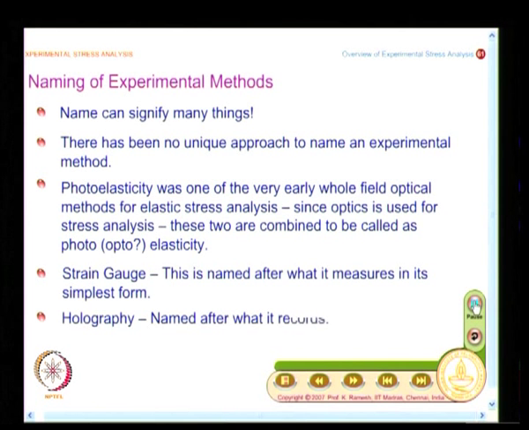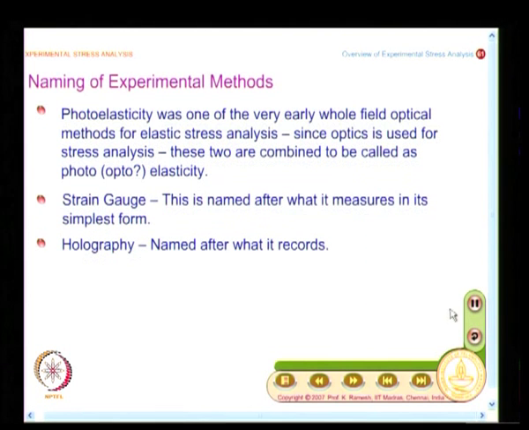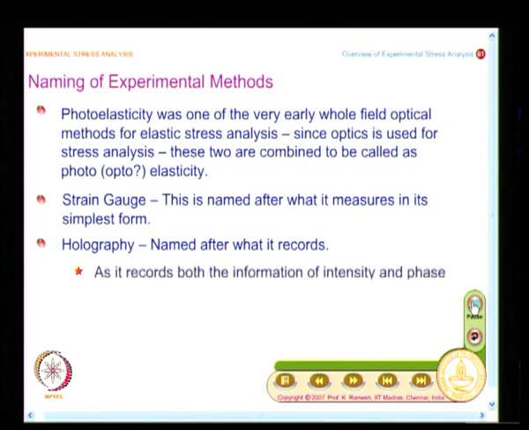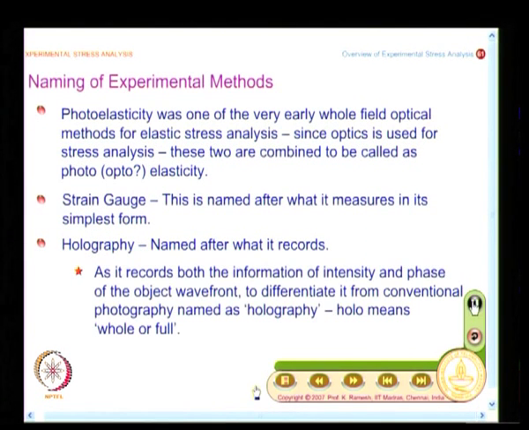Then you have holography, and holography is named after what it records. I have mentioned that holography records both intensity and phase of the object wavefront. Holo means whole or full, because I record both the information together.